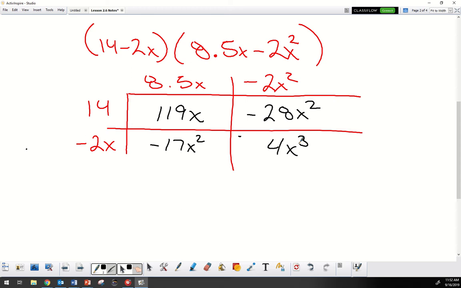Now comes a part where I need to arrange it myself. Which one is going to be the highest degree? 4x cubed, right? So I'm going to start with 4x cubed. Now, what would come after x cubed? The x squared, right?